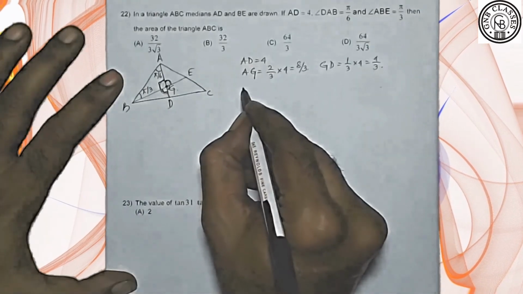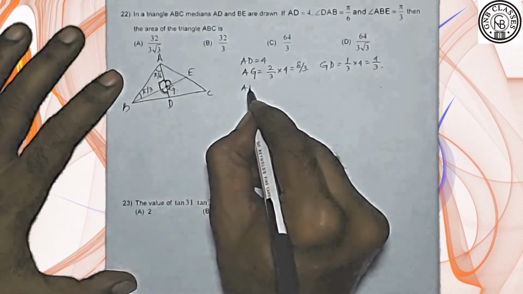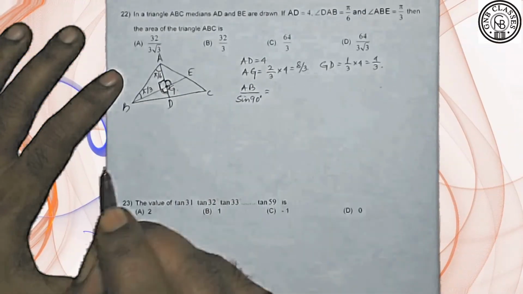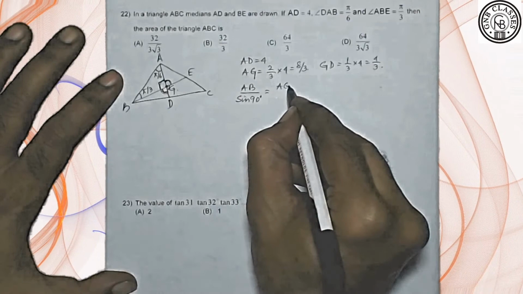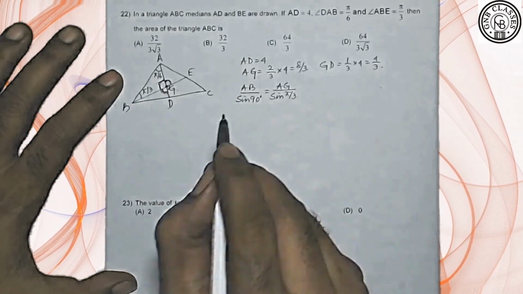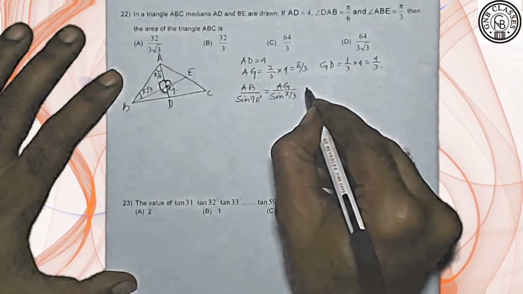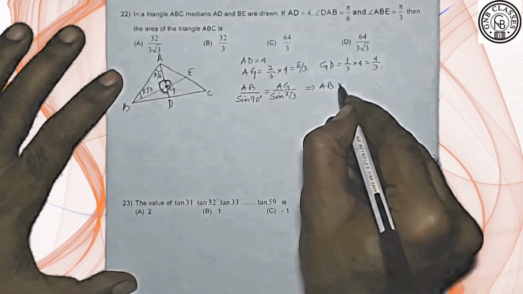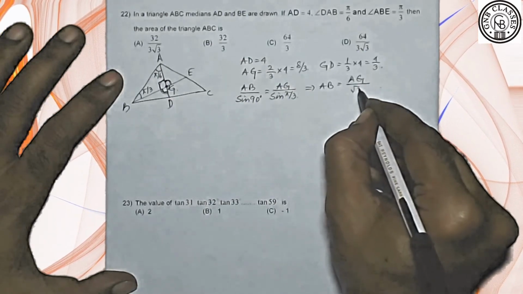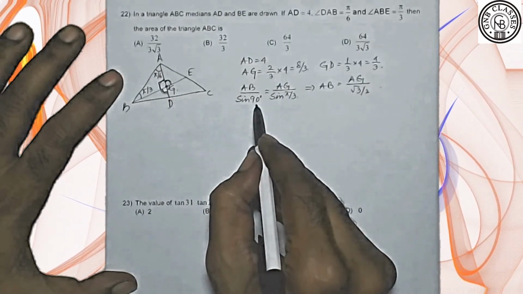Now, by applying the sine rule, we can get AB by sine 90 degree is equals to AG by sine pi by 3. This is from the sine rule. So from here we can get that AB is nothing but AG by root 3 by 2, because sine 90 degree is 1.